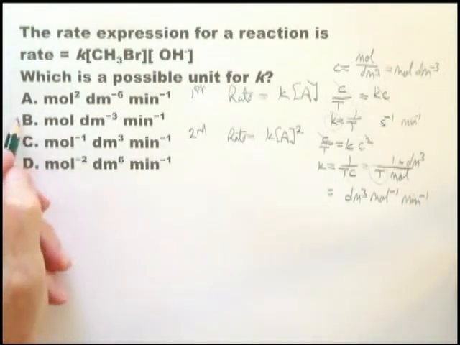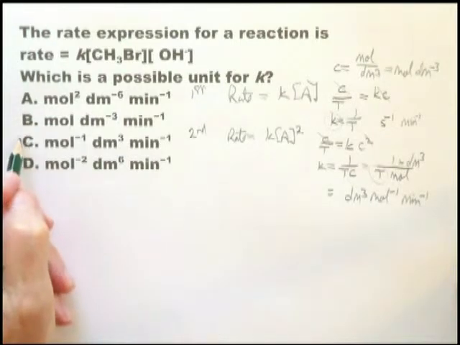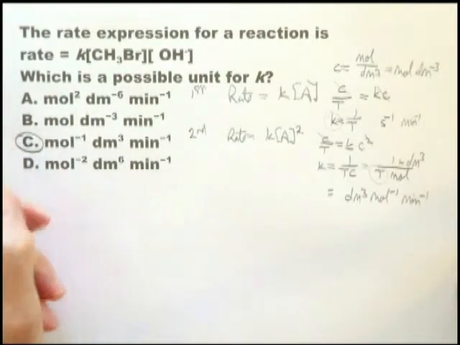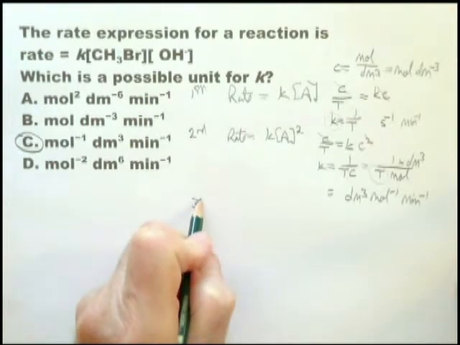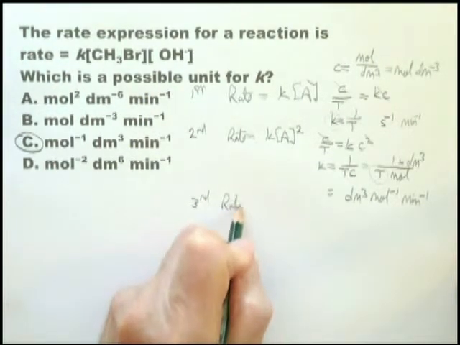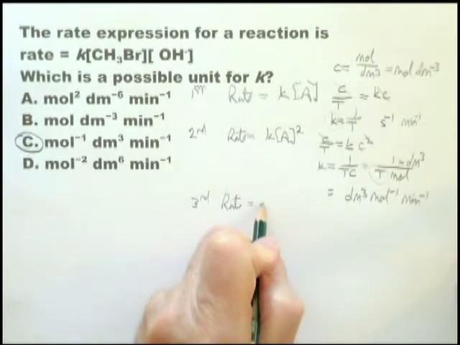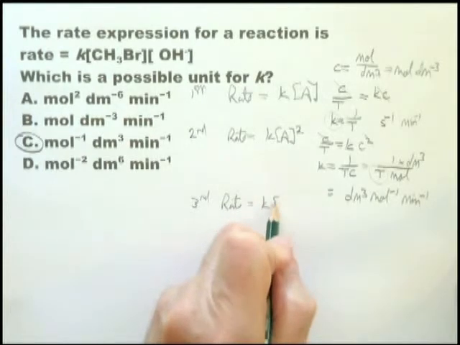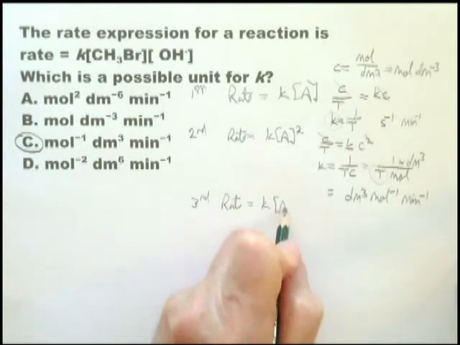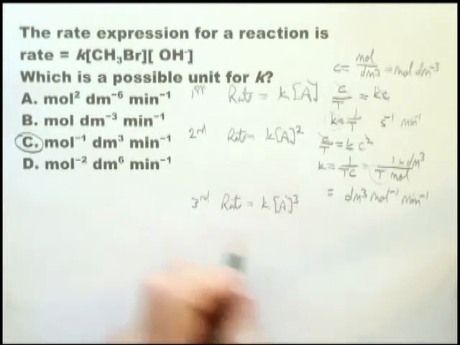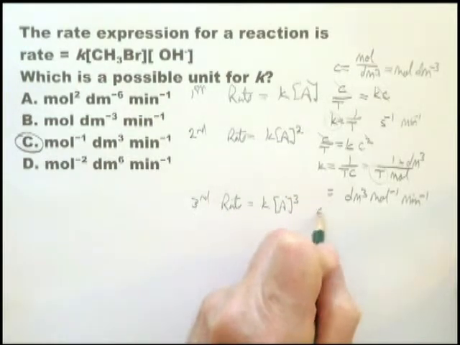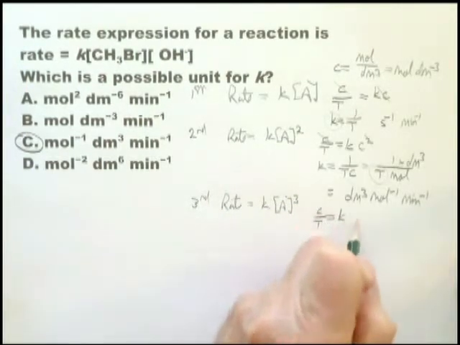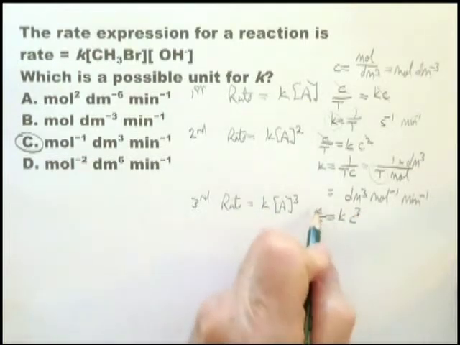So we know that's C, that's the answer. Let's do third order. The rate equals k times A cubed, and therefore C over T equals kc cubed.